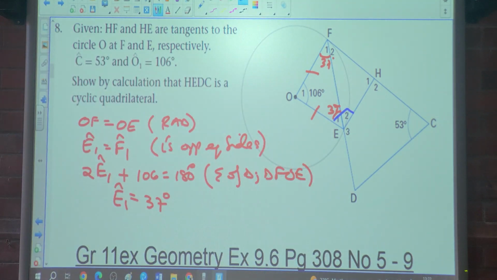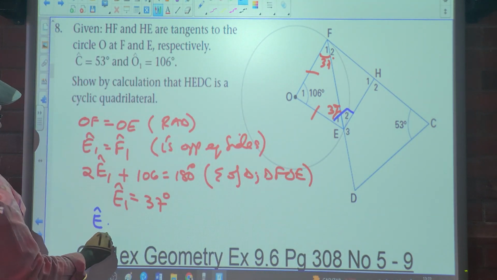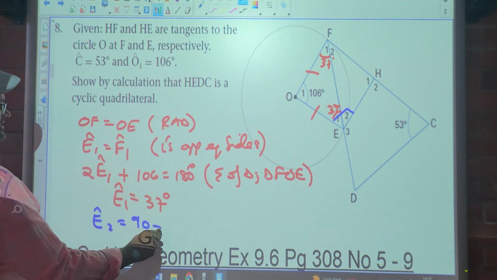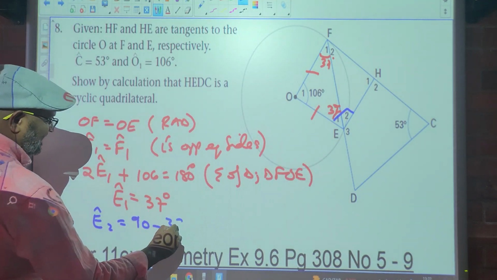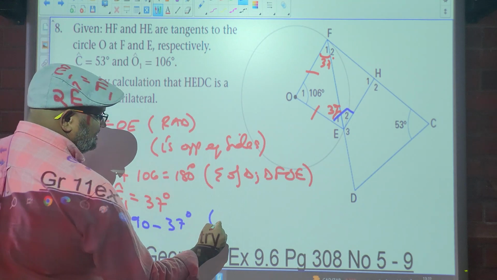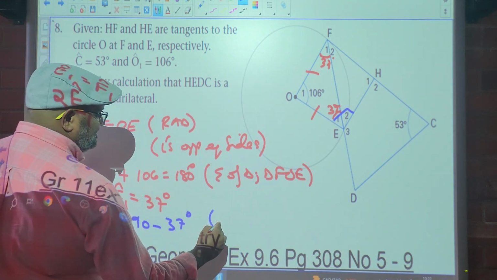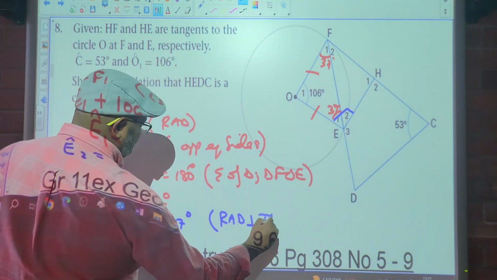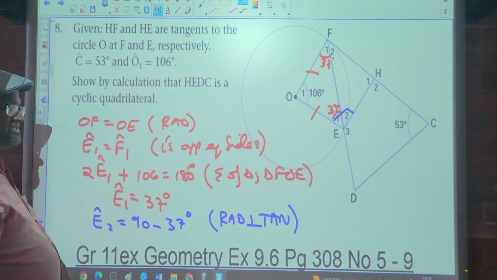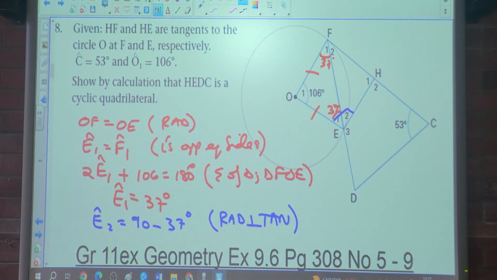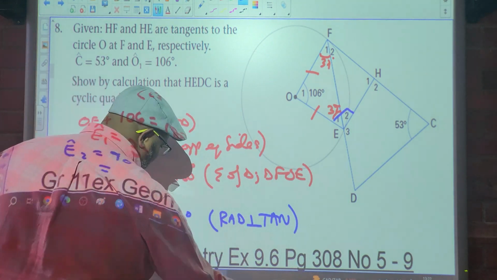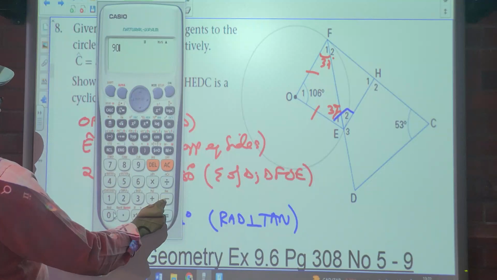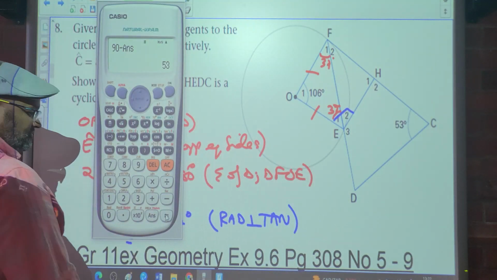That's 90, so E2 is equal to 90 minus 37. Why? Yes, the radius is perpendicular to the tangent. If you want to say the tangent is perpendicular to the radius, so be it. Lo and behold, 90 minus that angle is 53.